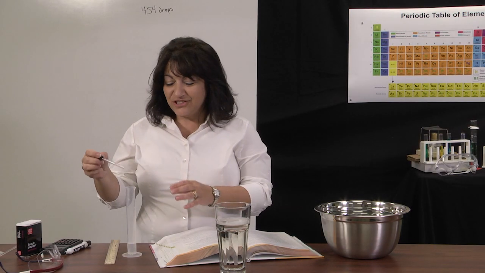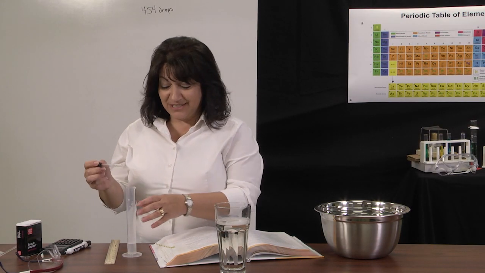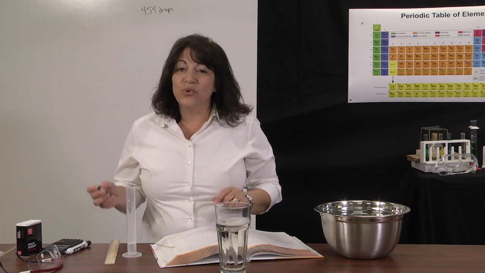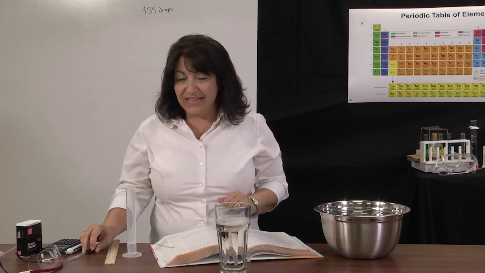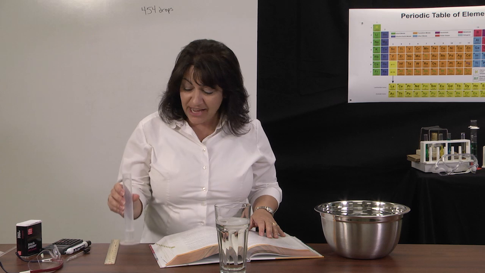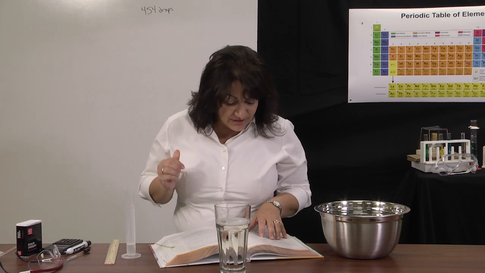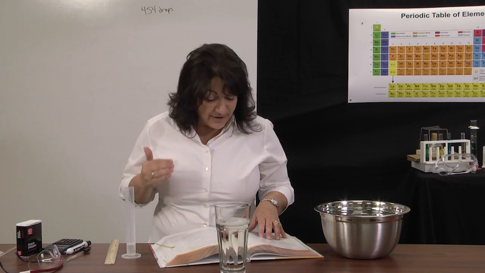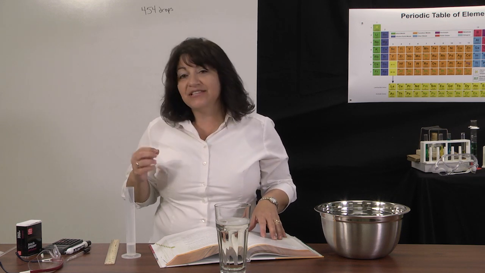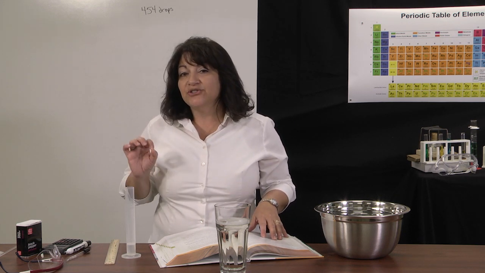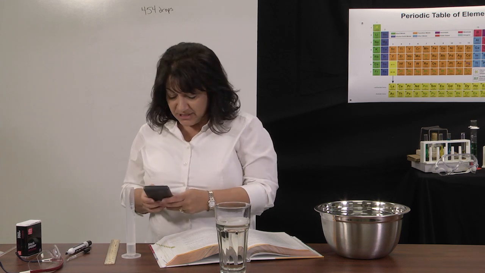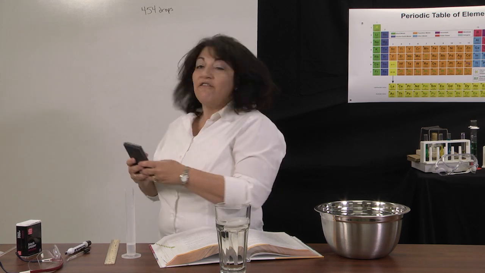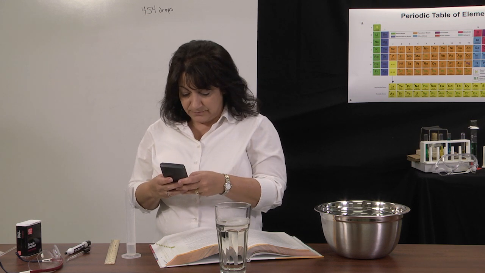Okay, so I finished counting the drops to get to 10 milliliters, and I came up with 454 drops that equals that 10 milliliter mark. So what I'm going to do now is divide the number 10.0, which is our milliliters, by 454, which tells us how many milliliters are in each drop of water. So let me take that 10.0 divided by 454.